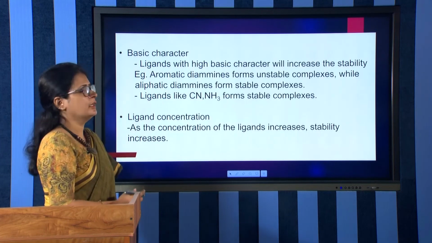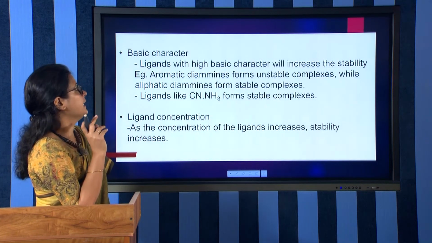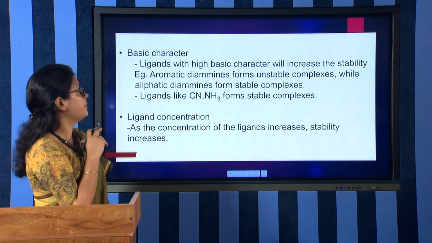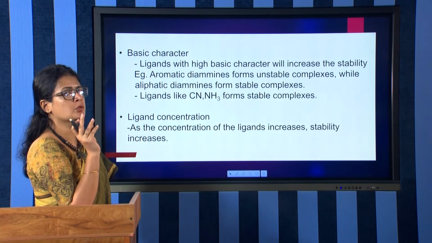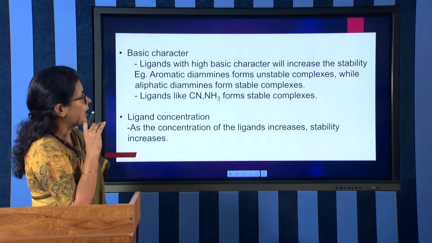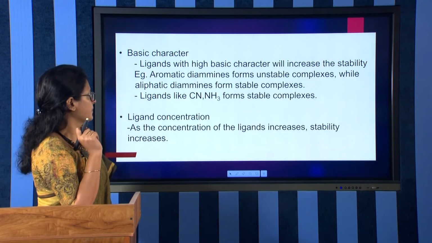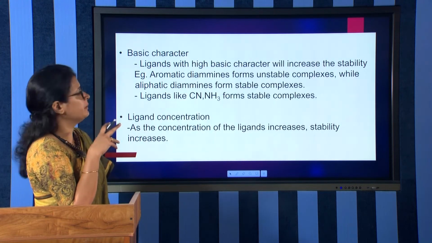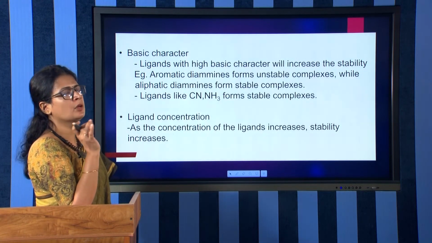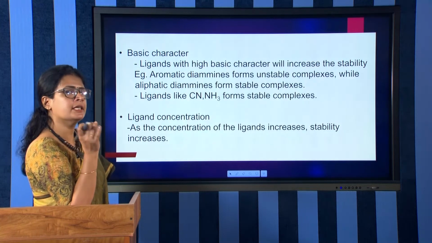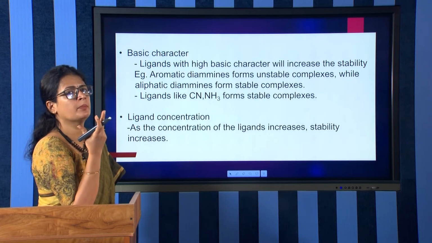And the second factor in the case of ligand is that the ligand should be more basic, that is, the basic character of the ligand is also very important. Ligands with high basic character will increase the stability of the complex. That is, aromatic diamines form unstable complexes, while aliphatic diamines form stable complexes.